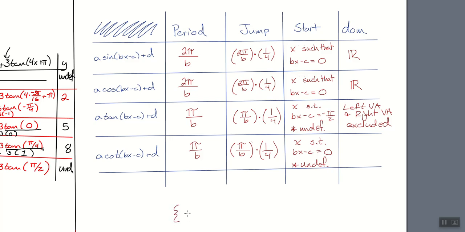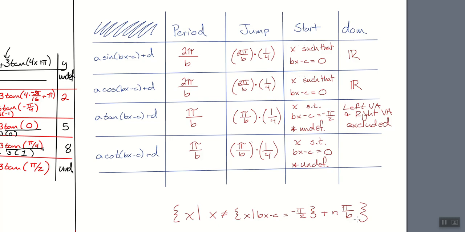If you wanted the real formal version, the set of all x such that x is not equal to, and this is a smaller set within it, x such that bx minus c equals negative pi halves plus n pi over b. That statement is just ugly. But that's the same thing that we just said. Everything except the asymptotes. But that's an ugly math statement. I would not write this one. That probably doesn't help a ton.